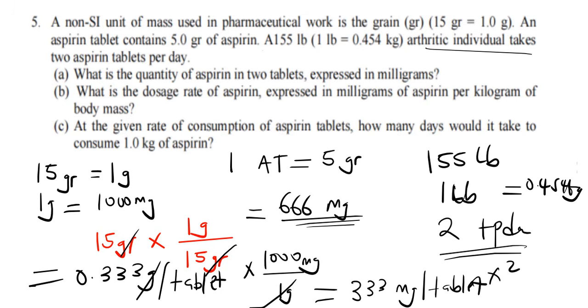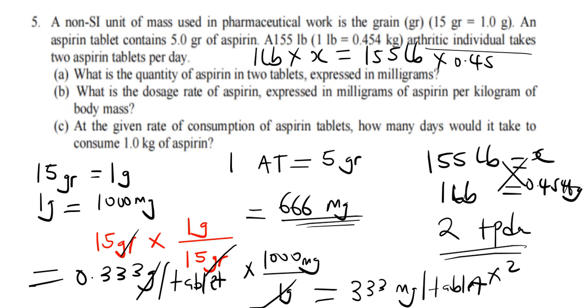So what then is going to be our answer? I'm just going to say x here, then I cross multiply. I'm going to have 1 lb multiplied by x equals 155 lb multiplied by 0.454 kg. Then I'm going to divide by 1 lb on both sides.